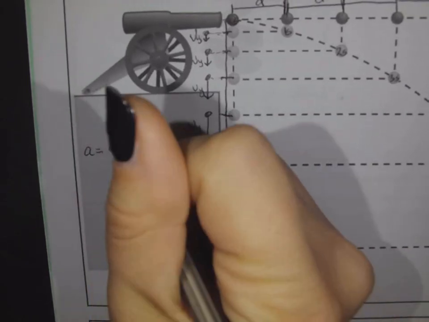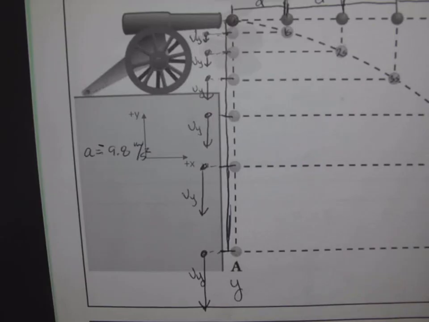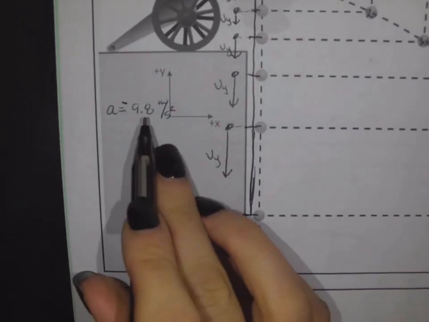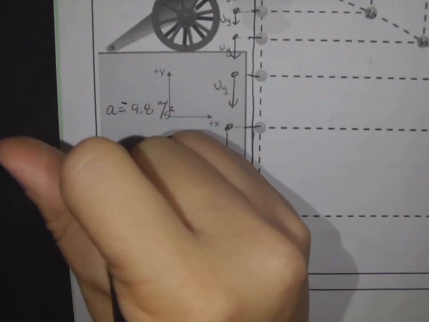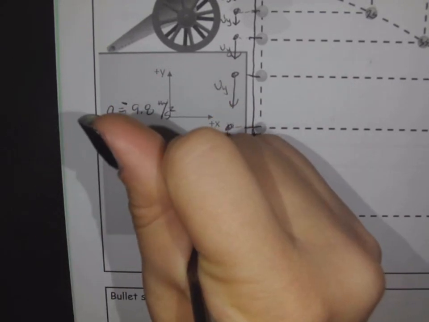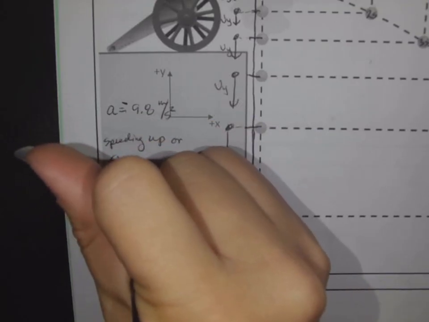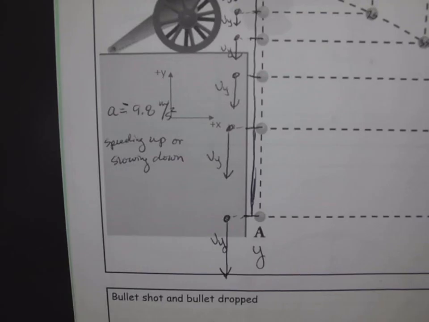Now we can put a little negative sign on here, meaning that it's going down if we want to do that. But whenever there's an acceleration, that means that we are either speeding up or slowing down. In this case, we were speeding up.